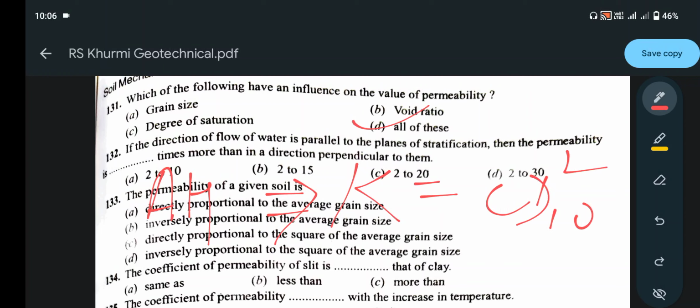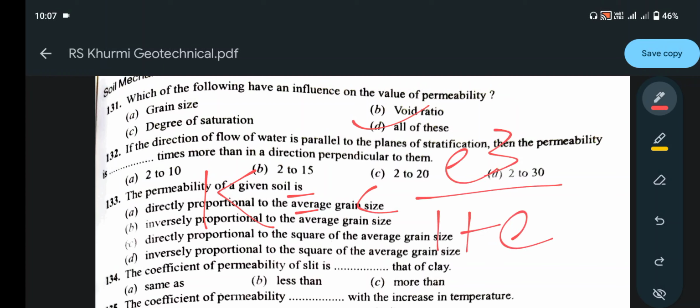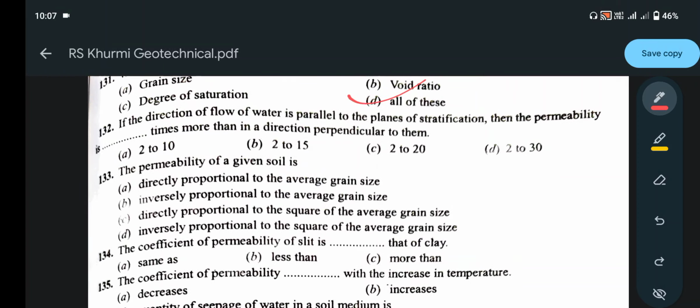Next there is Taylor's equation, which says that K is equal to C e to the power 3 by 1 plus e. e is the void ratio, so it depends on the void ratio. Then for saturation, if the soil is fully saturated, there will be more permeability, the soil will be more permeable. So it depends on grain size, void ratio, and the degree of saturation, so it depends on all of this.